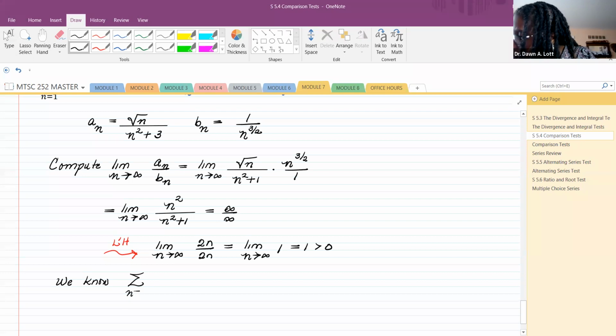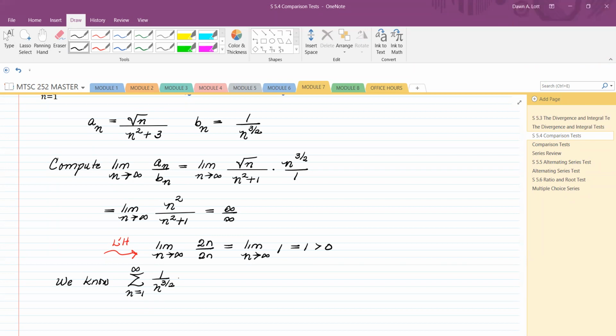the summation n equals 1 to infinity of 1 over n to the 3/2 does what? Converges or diverges? What kind of series is it? It looks like it has a certain form. Are you talking about the 1 over n to the 3/2?